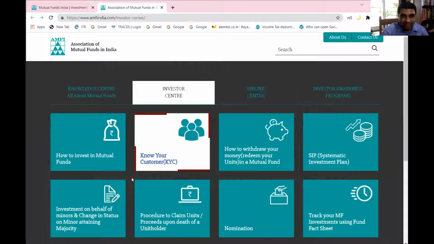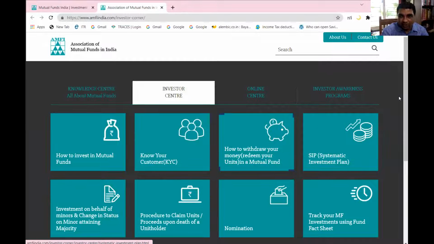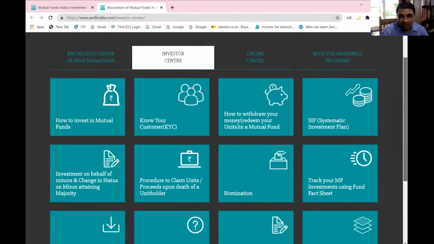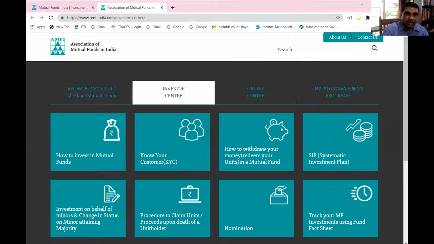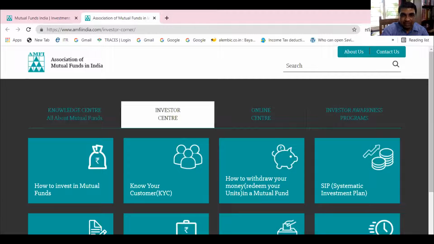You can learn many things, how to invest in mutual funds, all of this. And all of these things have a lot of practical importance. So I suggest you must visit. I just showed you the way where you can go, but I think you yourself will be able to manage with that.